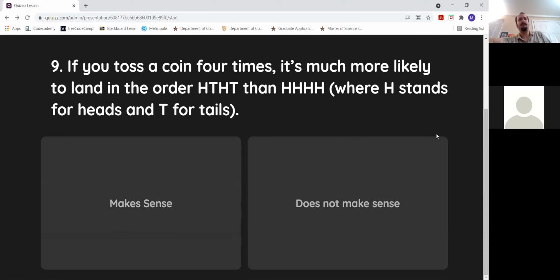If you toss a coin 4 times, is it more likely to land heads, tails, heads, tails, or heads, heads, heads, heads? Did I skip one?